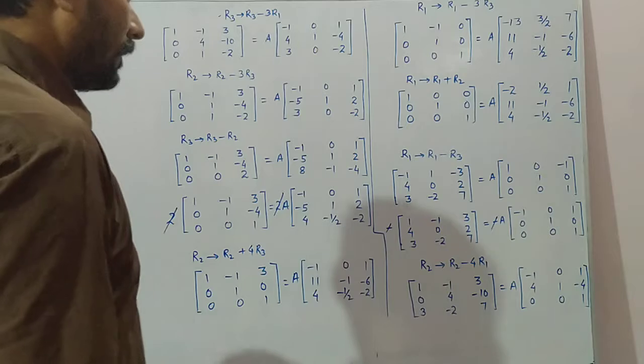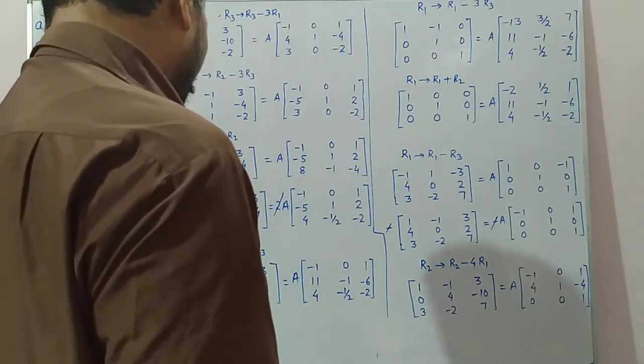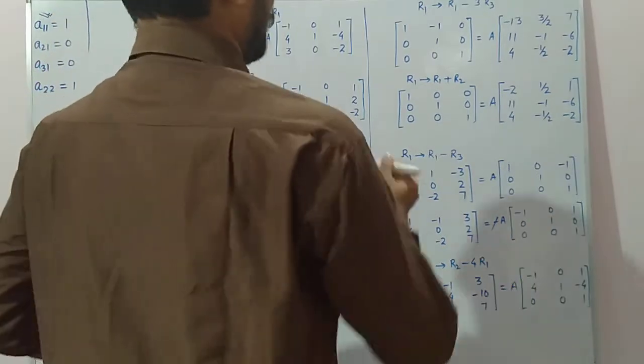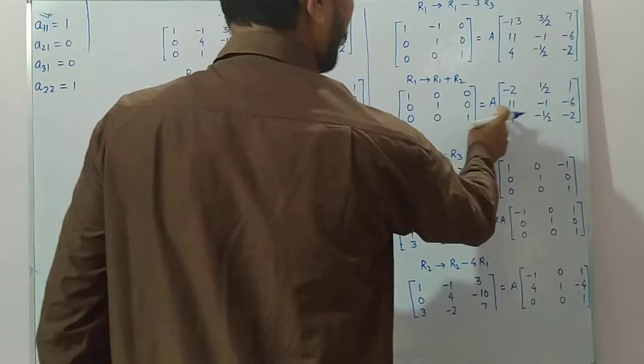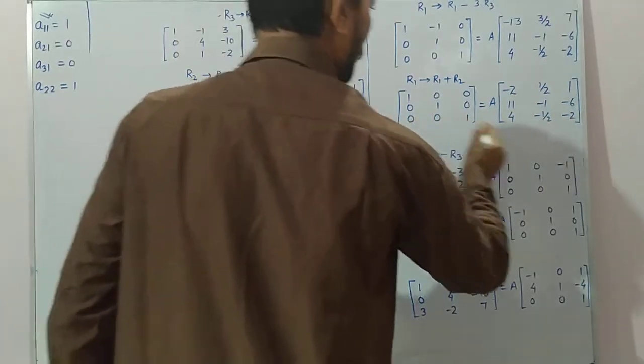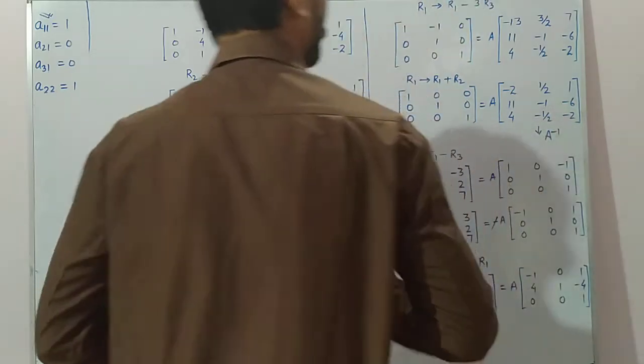So this is our required, this is the unit matrix you are getting. A into A inverse will give the unit matrix. So this is our required A inverse.